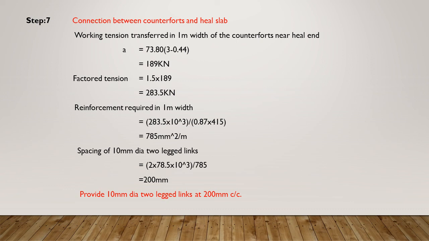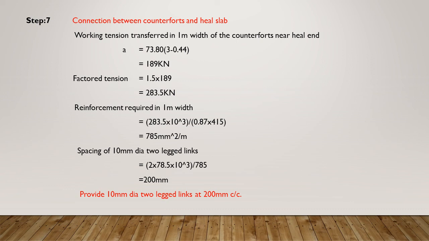283.5 kilonewton. So the reinforcement required in 1 meter width: the reinforcement formula is the factored tension divided by 0.87 into Fy. So 283.5 into 10 power 3, since kilonewton is converted into newton, then 0.87 is constant and Fy is given in our question, so Fy is 415. So the reinforcement is 785 mm square.